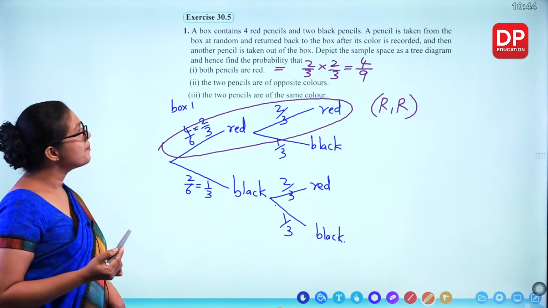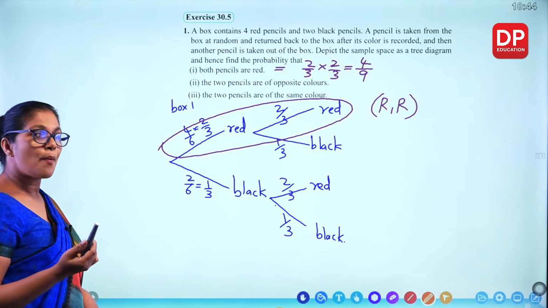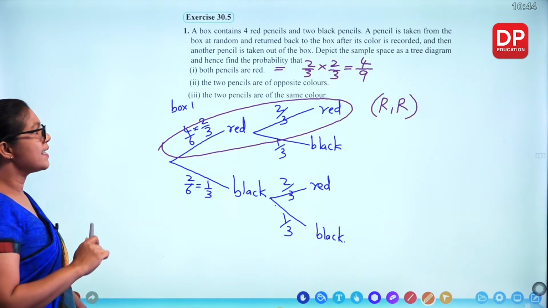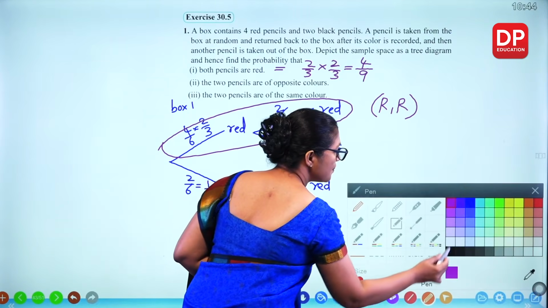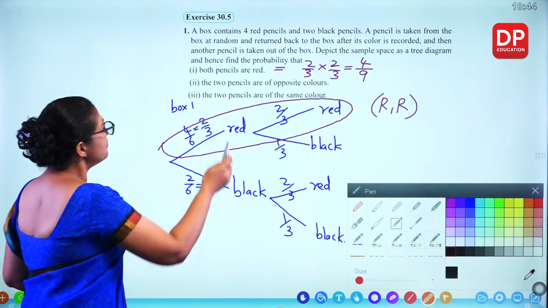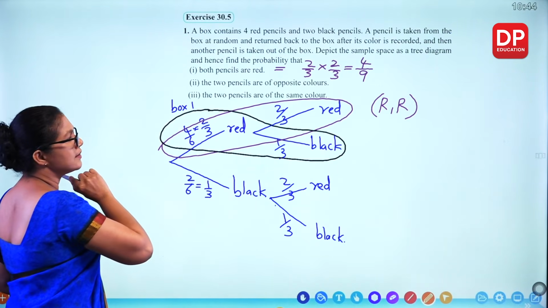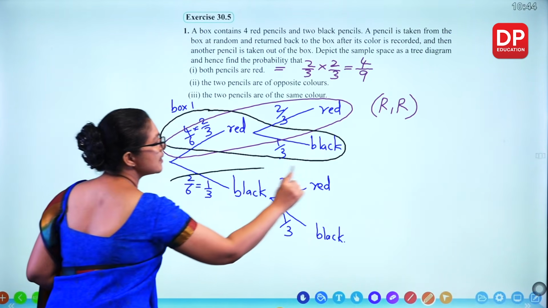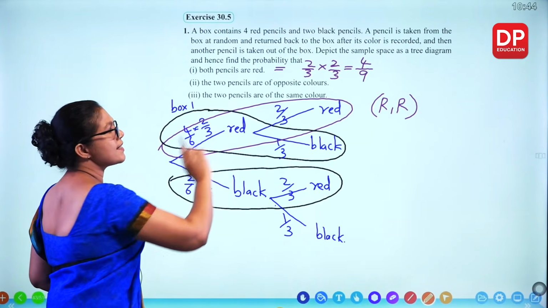The second one. The 2 pencils are of opposite colors. What are opposite colors? You can get red and black. So now mark the branches. I'll take black color. You can get red with black or black with red. So those are different colors.